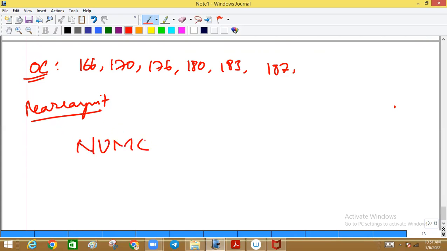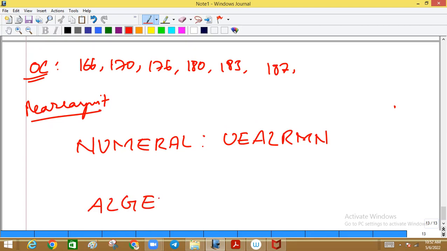NUMERAL is written as UEALRML. In the same way, ALGEBRA is written as what?